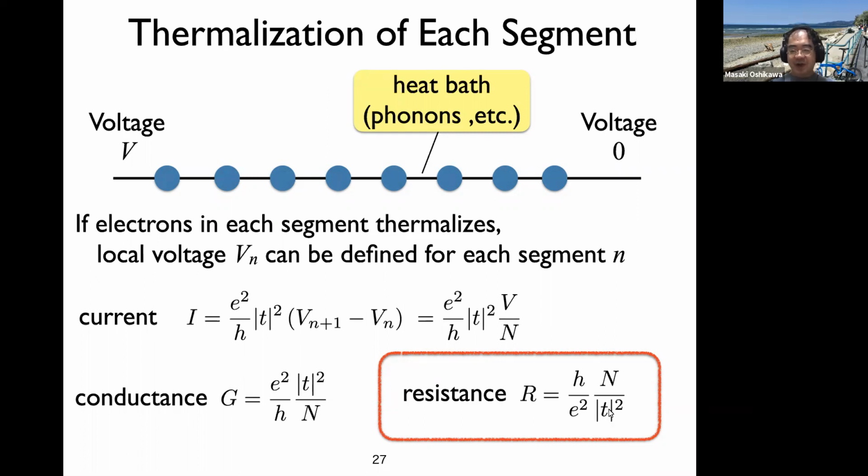So this T squared is a transmission probability of each barrier, which is determined quantum mechanically. And within this assumption of summarization of each segment, it can be related to the macroscopic resistance. So this is a kind of generalization of the Landauer approach.